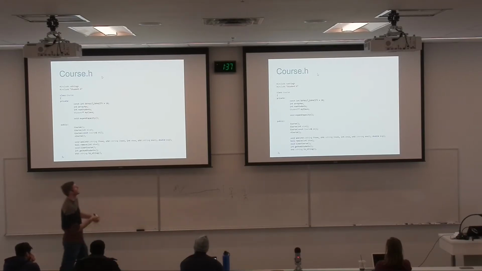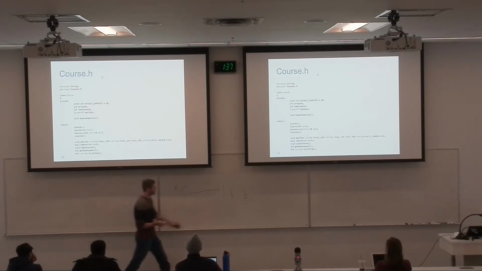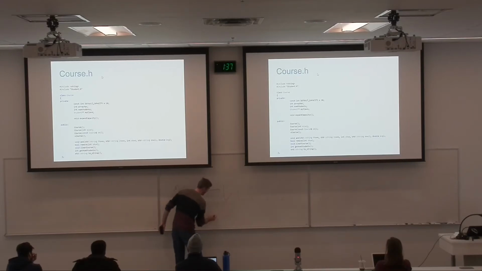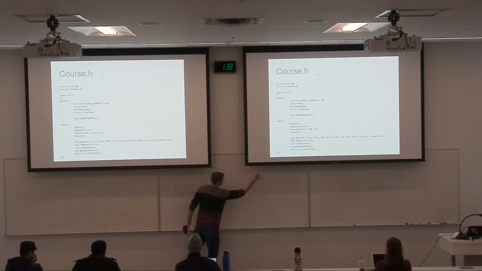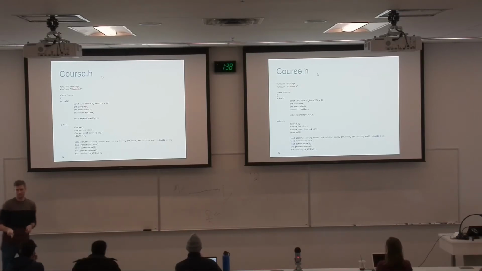That would be student star my class. But because I have student star star, it actually means I've got a pointer somewhere and there's a student, maybe there, and so on. That's what I've got. And this is going to become important, especially when we start talking about copying and deleting and whatnot.